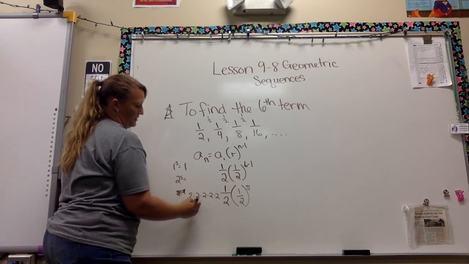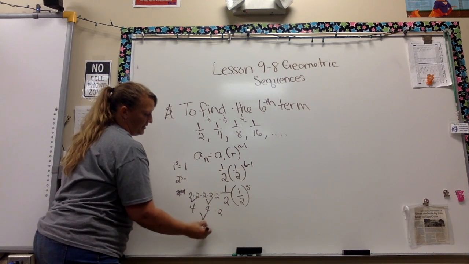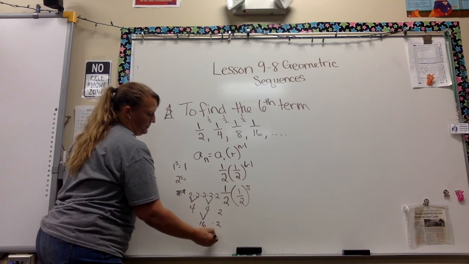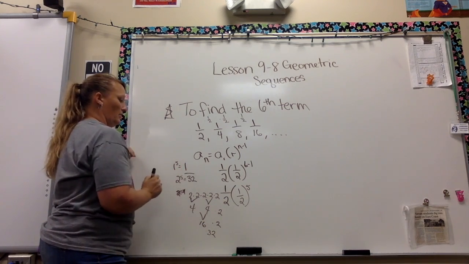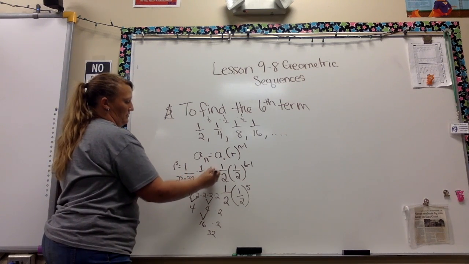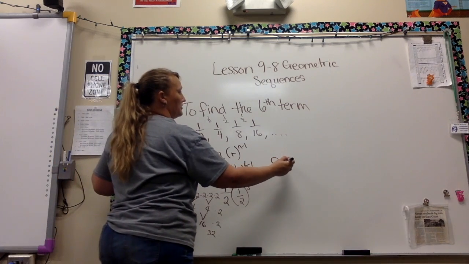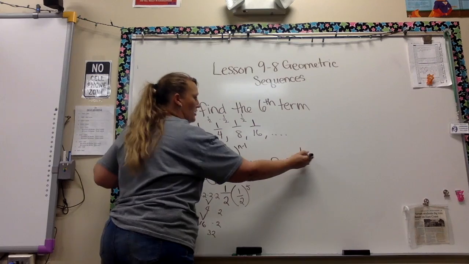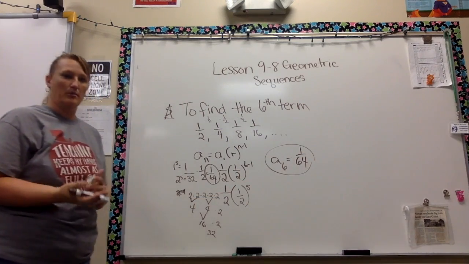Of course, you can always put this in your calculator. 4 and 2, so 16 and 2 is 32. So our denominator is 32. And we're going to multiply that then by 1/2. So our 6th term is 1 over 64. That would be our 6th term.